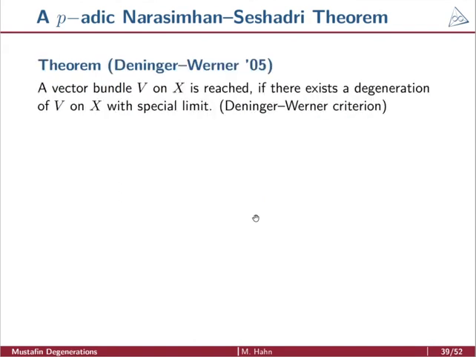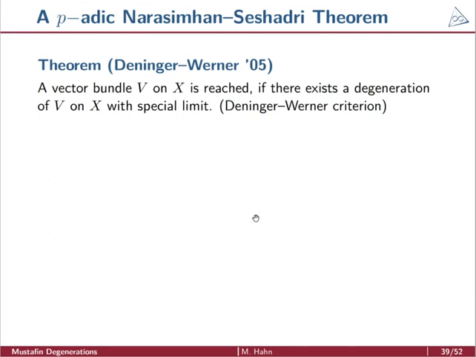And one important theorem that gives an indication on how to possibly prove that every vector bundle of higher rank is also reached is the following by Deninger and Werner from 2005, who proved a vector bundle on such a curve is reached if there exists a degeneration of this vector bundle on the curve, so a simultaneous degeneration with a special limit.